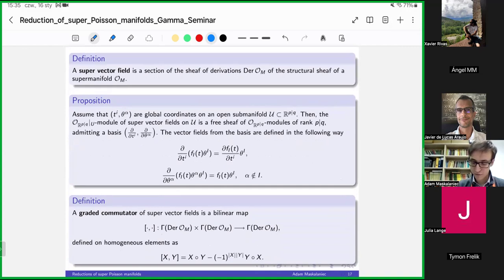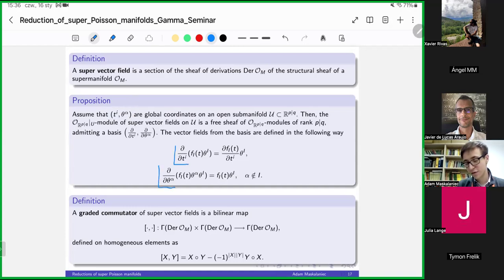Super vector fields form a locally free sheaf of O_M modules on our supermanifolds. And if we are given global coordinates t_i and theta_alpha on a supermanifold, then this module is generated by differentiations with respect to those coordinates.